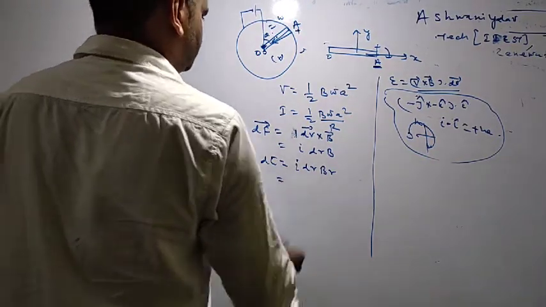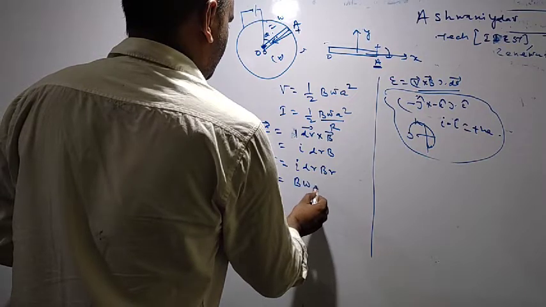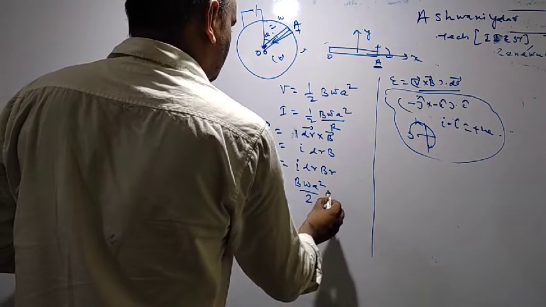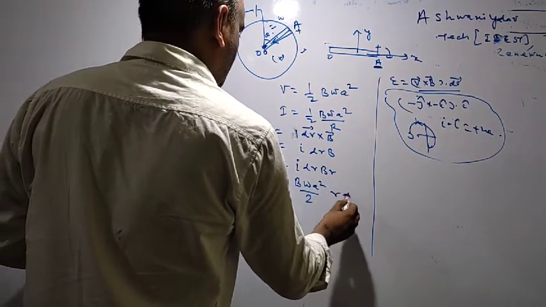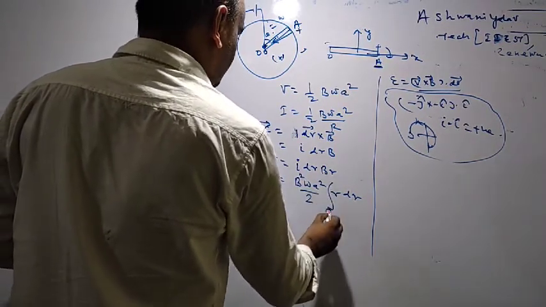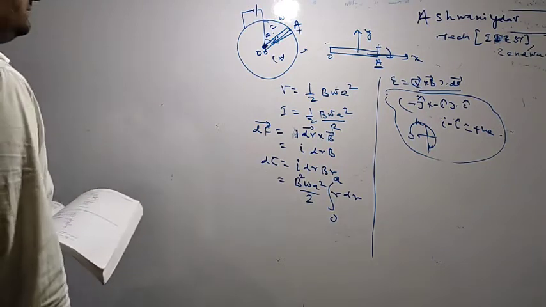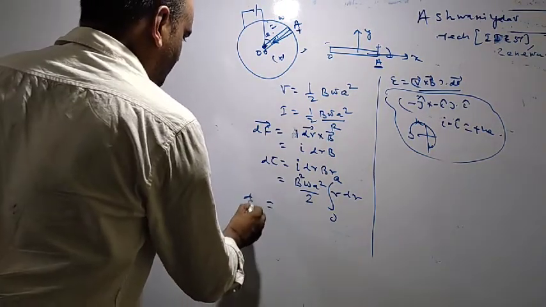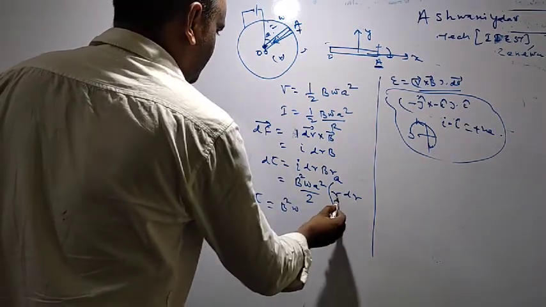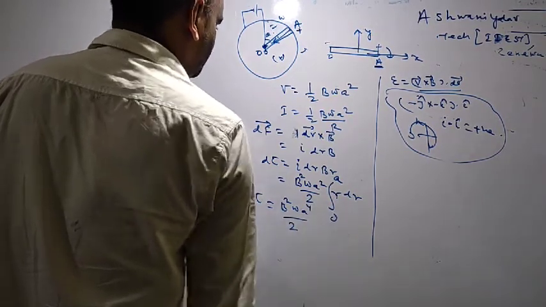What will you get? B omega A square by 2R, dr into B and r, integrated from 0 to the length. So integrating d tau, it will give the torque B square omega r square, then A to the power 4 by 2.